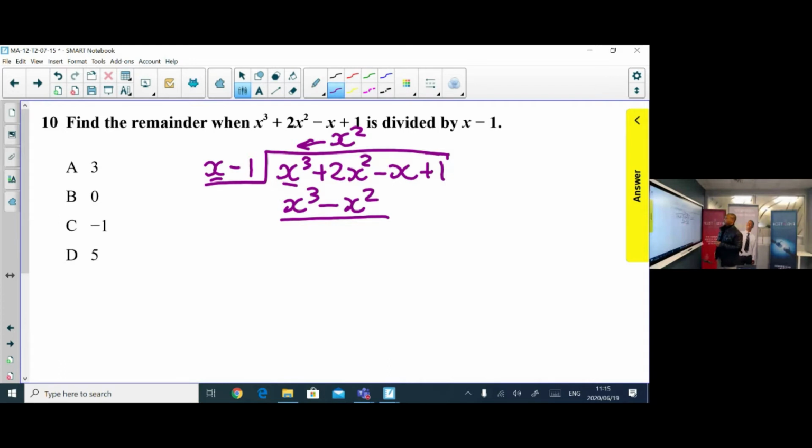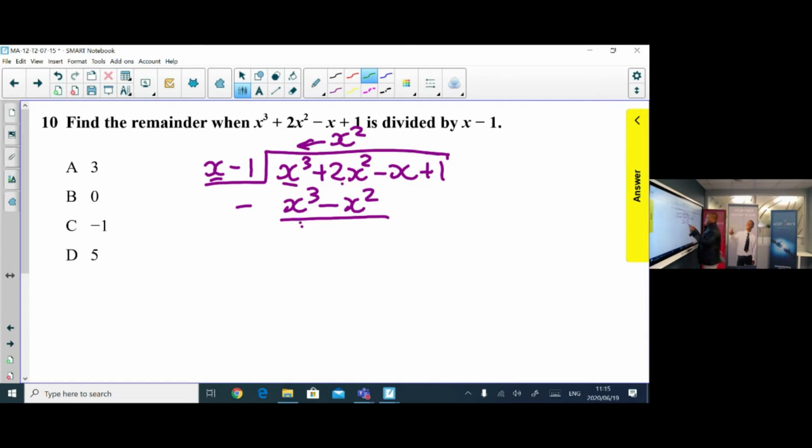So we multiply by the factor that is dividing. Then when we do this, we always subtract the whole result. So the first one is giving us nothing because it's x cubed minus x cubed, and then the second part we have 2x squared minus x squared.